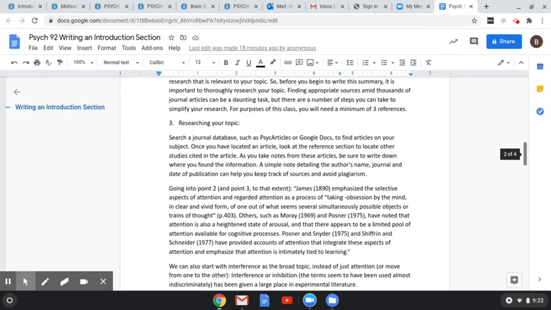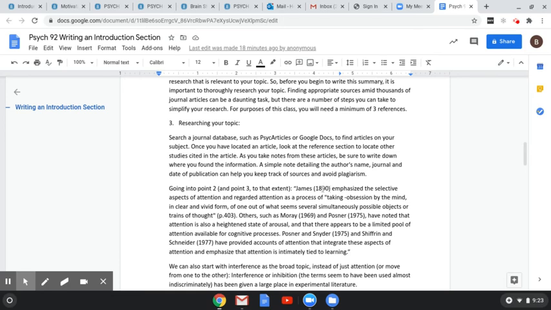So, getting to that point, to 2 and 3, the way that we use citations is, if we cite the name of the author, like here, where it says James, this is William James, if you remember from Psych 1. William James, so James, and then the year of publication.